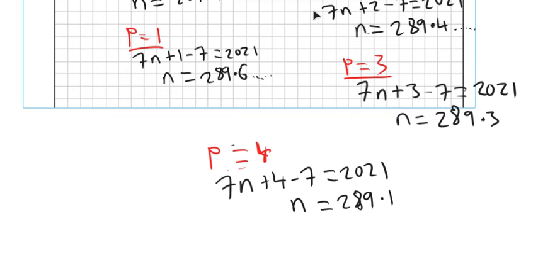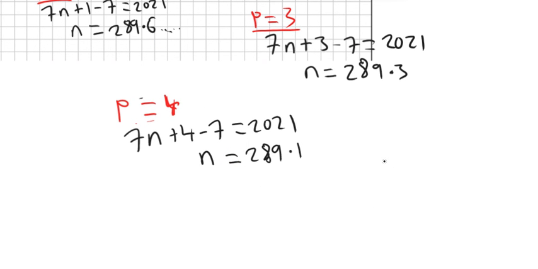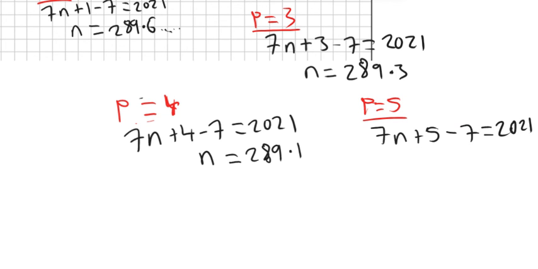So it's not p equal to 4, so I think it's going to be the next one. p is equal to 5. 7n plus 5 minus 7 is equal to 2021. Bring across the minus 7 and the 5 and then divide by 7, and we get n is equal to 289.